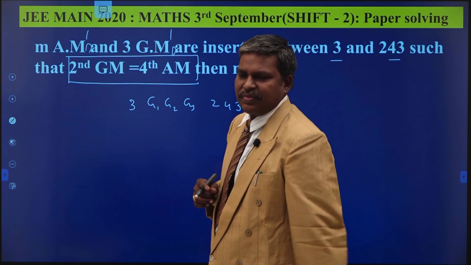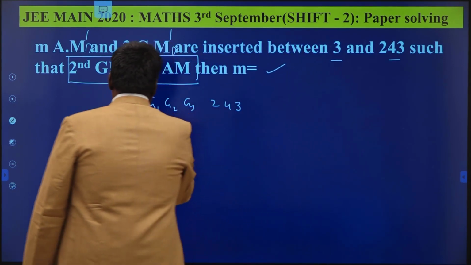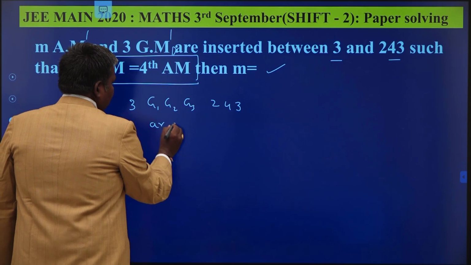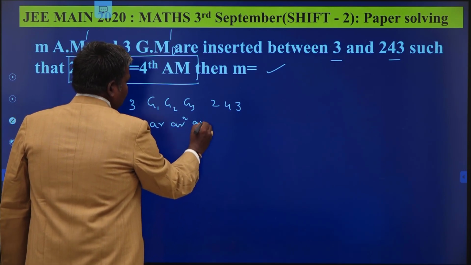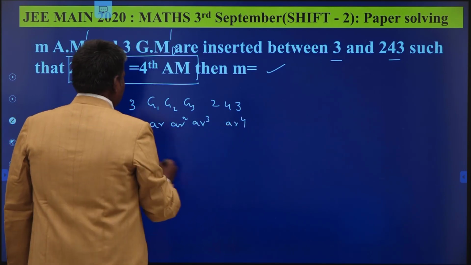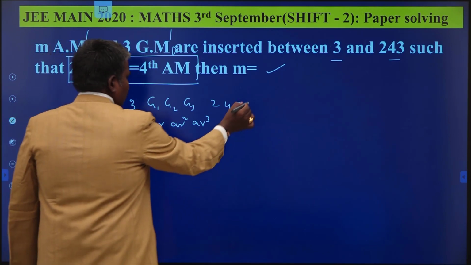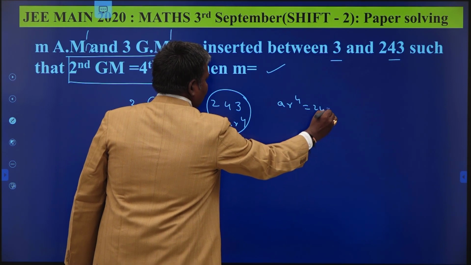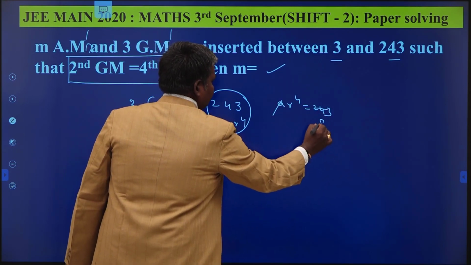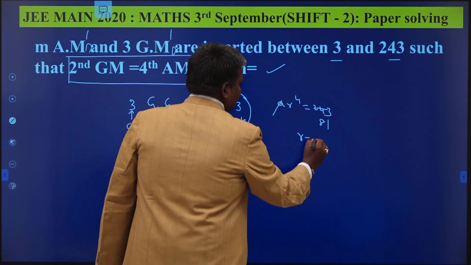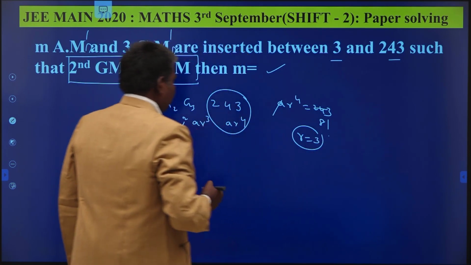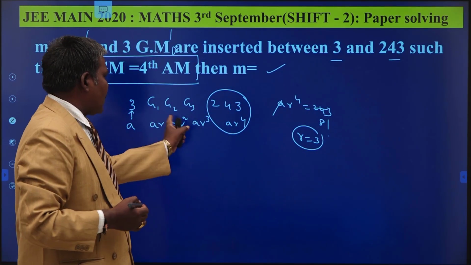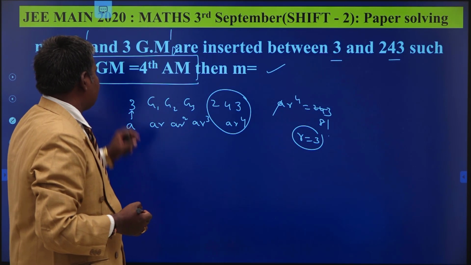That is the definition of geometric means. Suppose these are AR, AR square, AR cube, AR power 4, and this is my A. Now equate: AR power 4 is equal to 243. A is 3, so R power 4 is 81, R is equal to 3. So the common ratio we obtain, and the first term is 3.